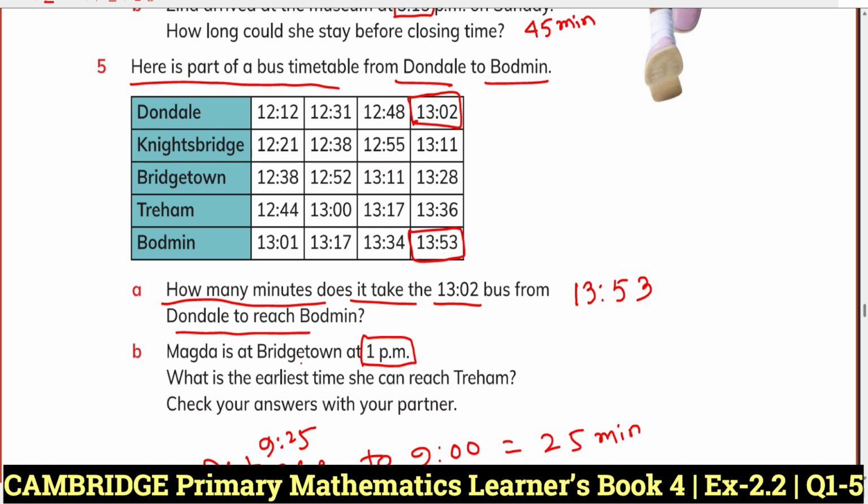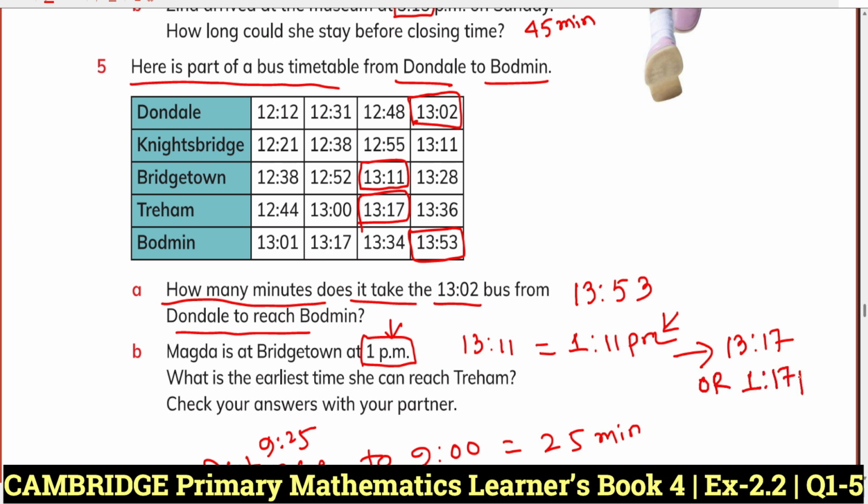So Magadha is at Breeze Town at 1 p.m. and the earliest time she can take is the 1311. 1311 equals 1:11 p.m. So if she arrives at 1 p.m., she can easily catch the 1:11 p.m. bus, and then the earliest arrival time will be 13:17, or we can say 1:17 p.m.